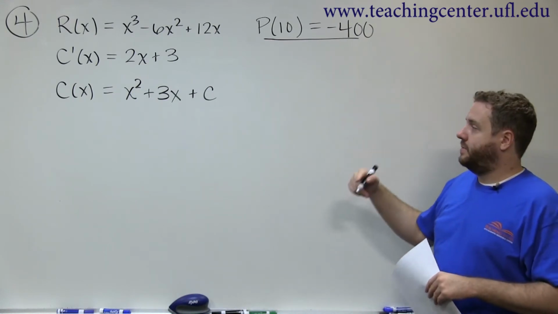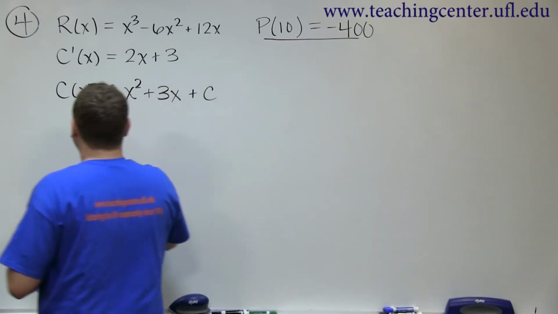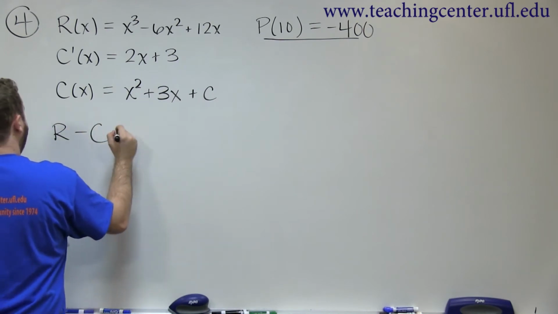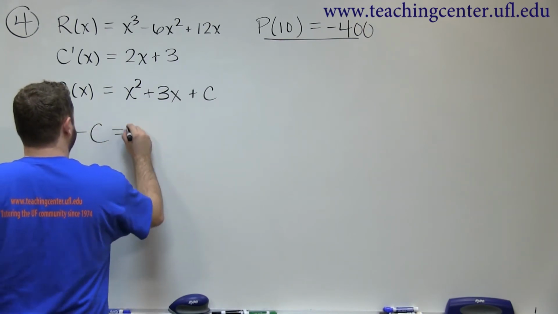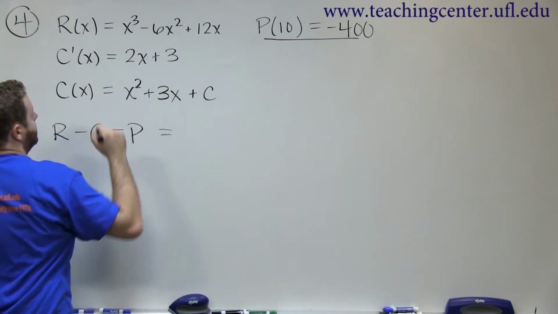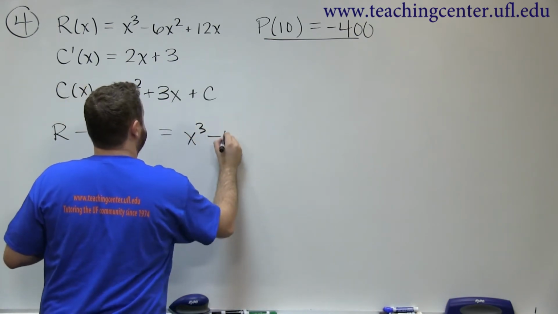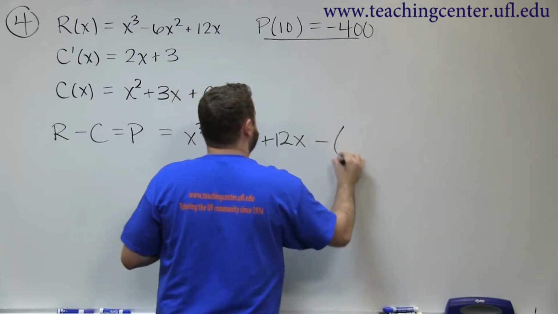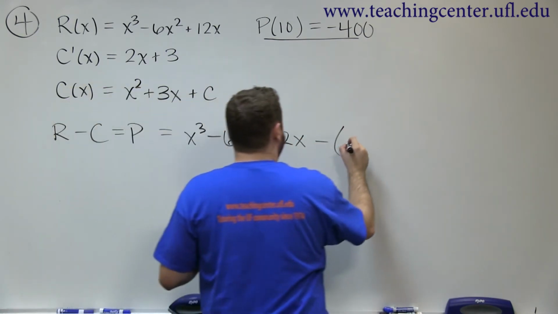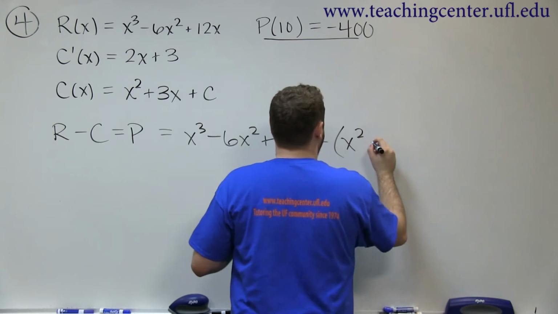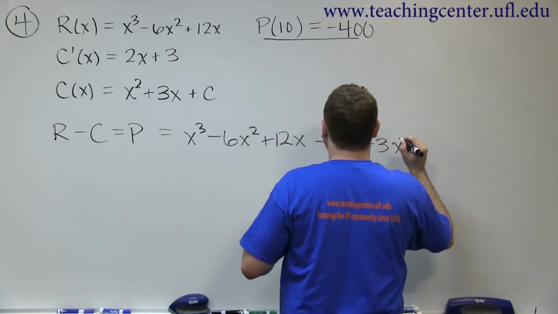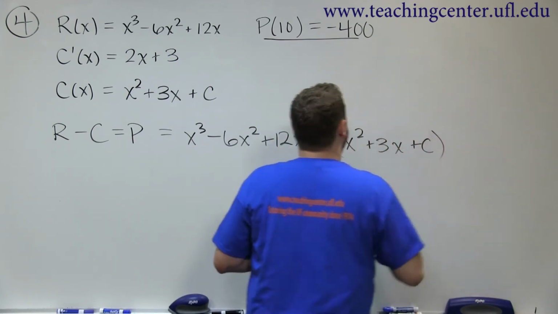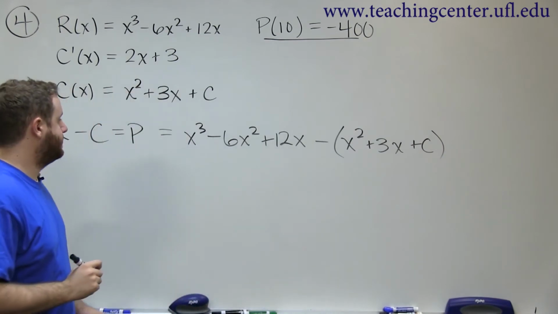Well, our profit is revenue minus cost. So we'll have x cubed minus 6x squared plus 12x minus our cost function here, which is x squared plus 3x plus c. And remember, we don't know that c.